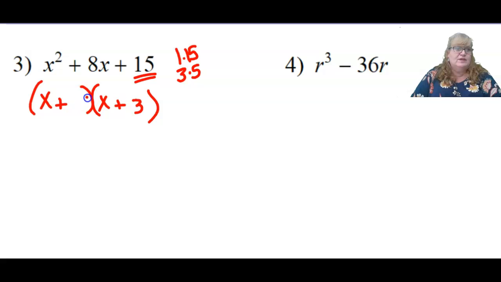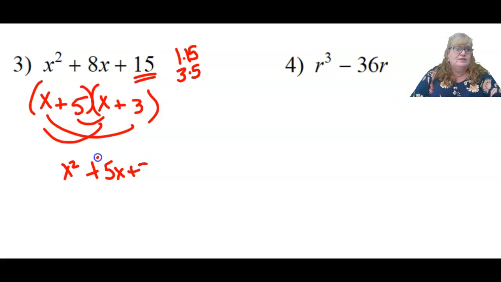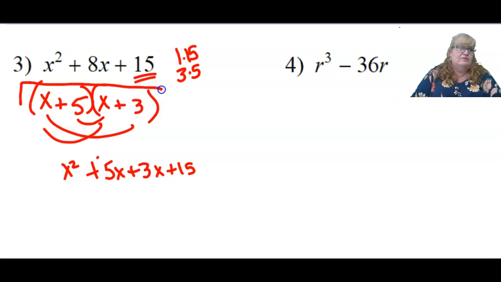So we just have a 3 and a 5. And then the check would be x times x is x squared. Inside and outside are 5x and 3x. And 5 times 3 is 15. You have to be good at distributing or foiling things together to be able to check if you've done your factoring correct.